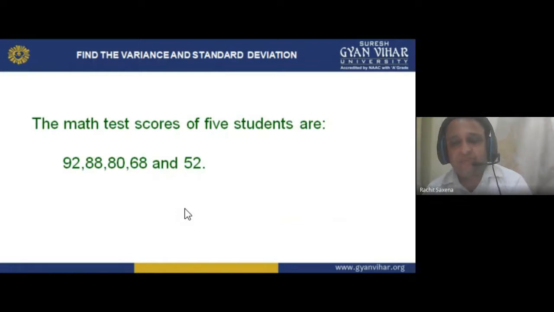The maximum is 92 and the minimum is 52. Now we have to find the variance, the variability, and also the standard deviation.